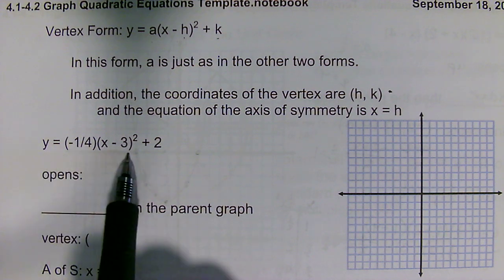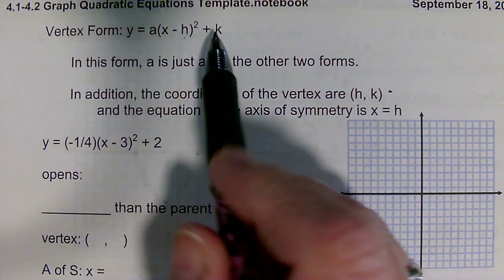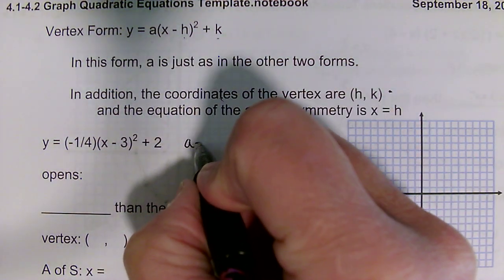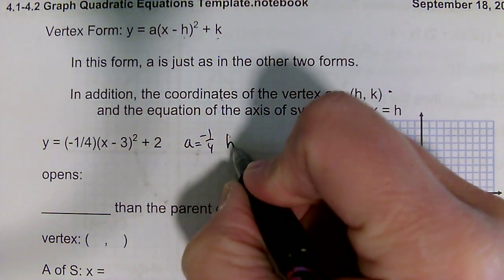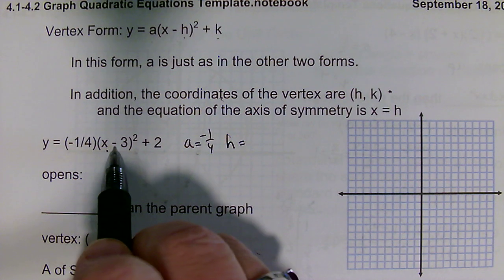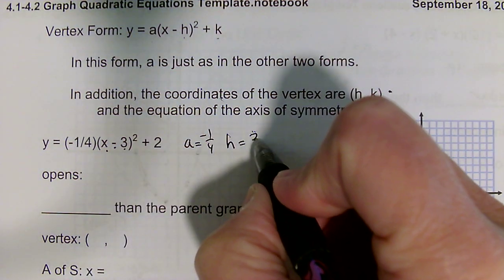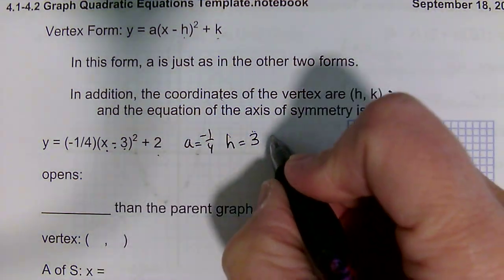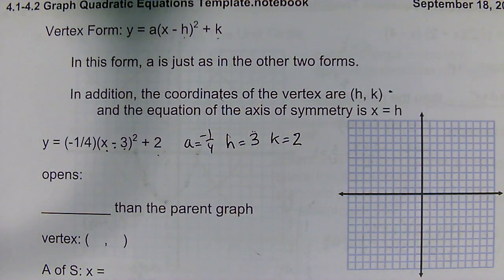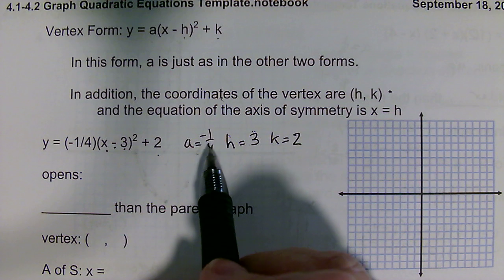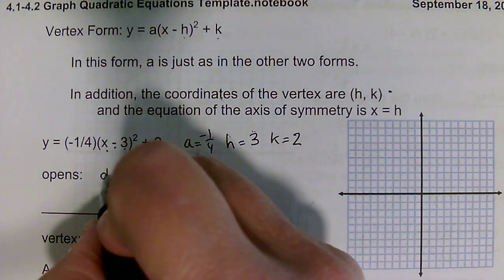So looking at this equation, comparing it to this form, a is negative 1/4, h, x minus h, would be positive 3, and k would be positive 2. Since a is negative, it opens down.